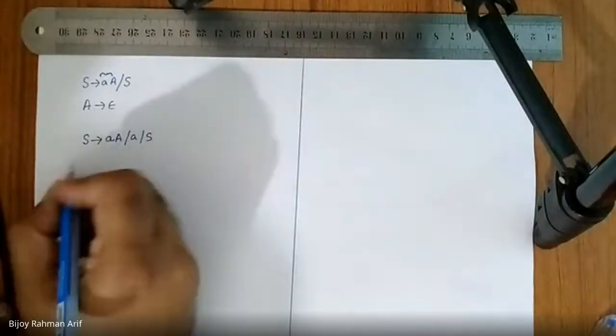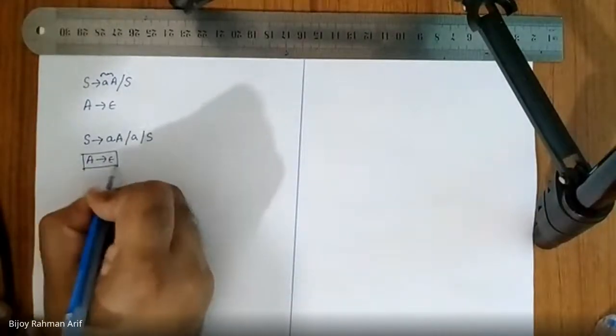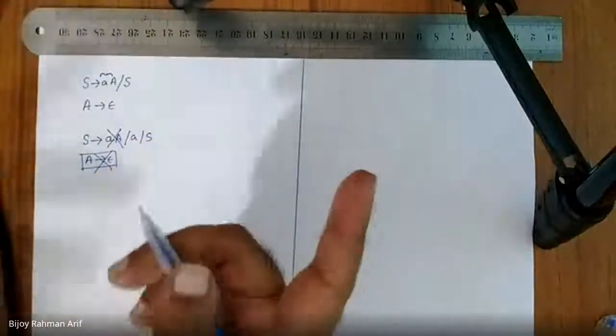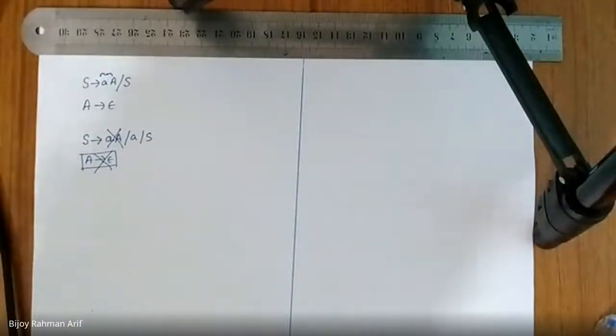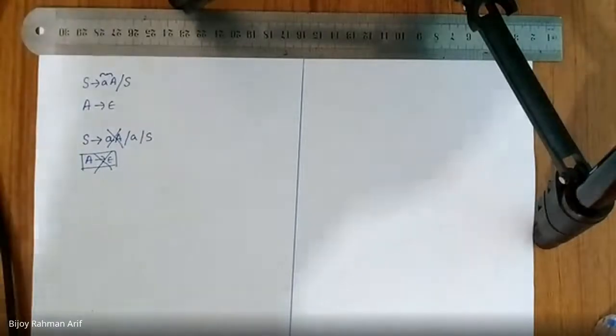Then we are going to put A. Then we are going to discard epsilon. The final process is, there is no term of A, so we have to discard this as well. This is the case. You are right. All right, so this is the Chomsky normal form.